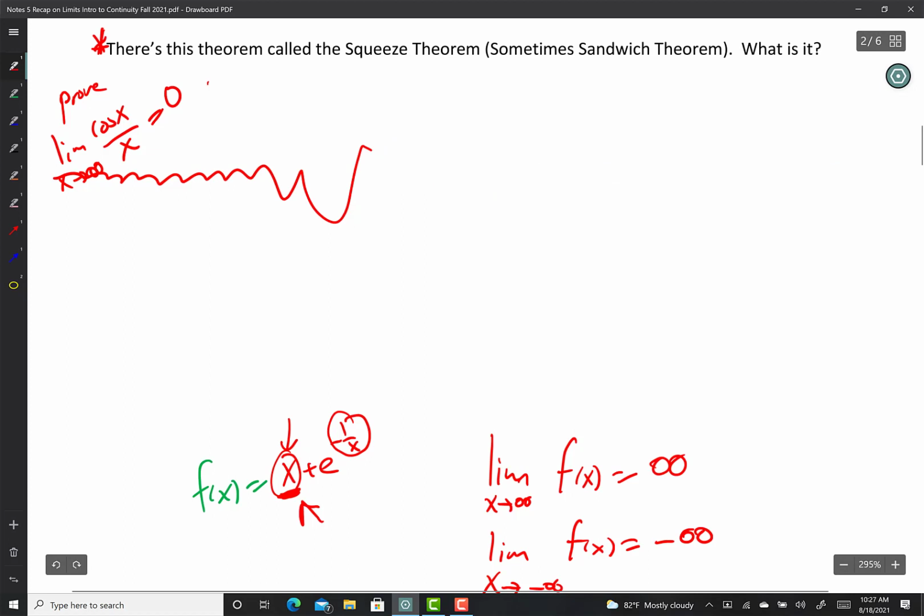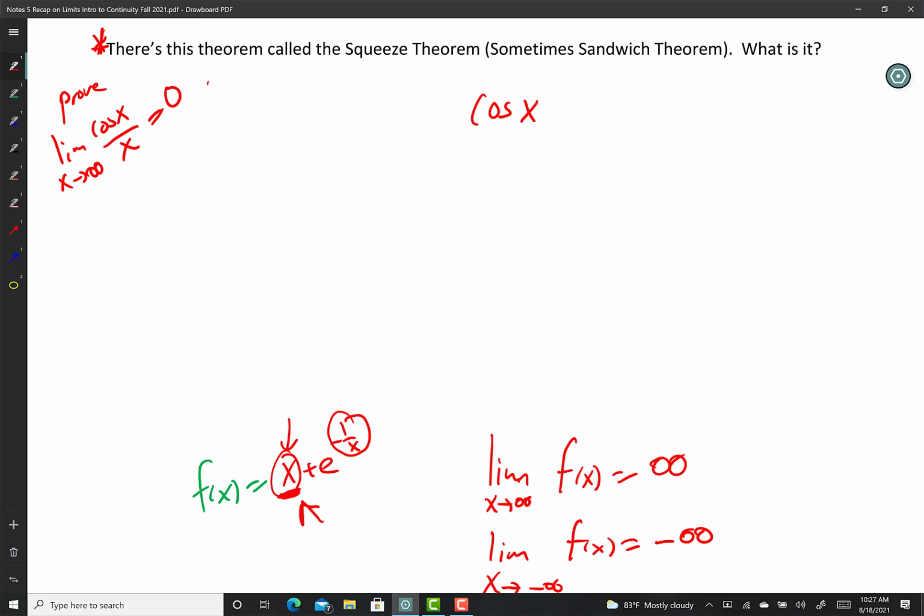All right. So here's how they would probably prove it with sandwich theorem. You write cosine x, and then you say, what's the biggest cosine x will be? 1. Cosine x is between -1 and 1. The biggest cosine x will be is 1. The smallest cosine x will be is -1. Is that clear? Okay.